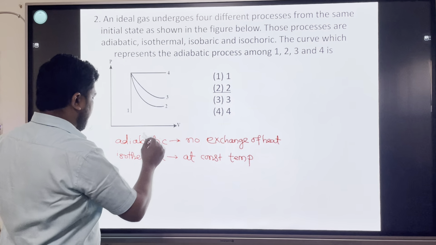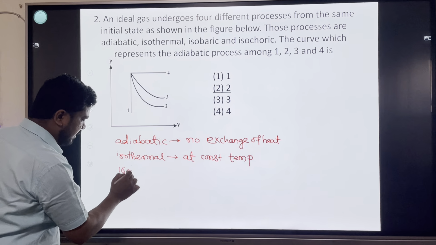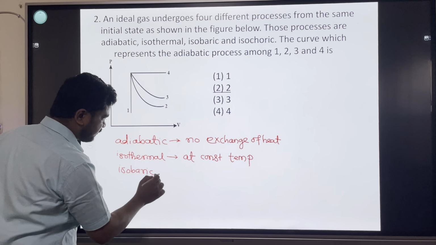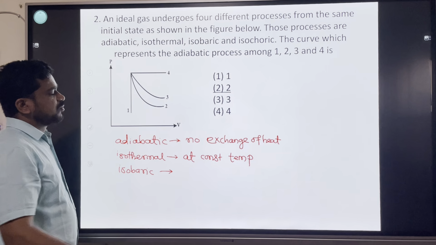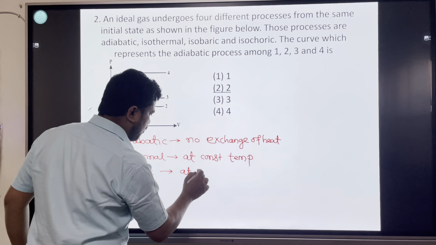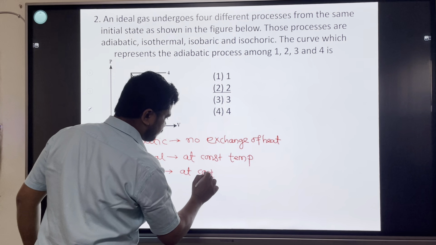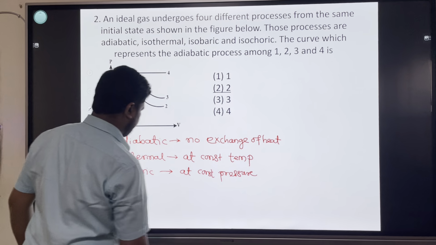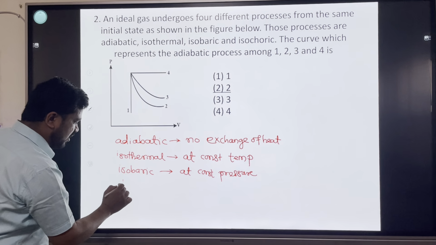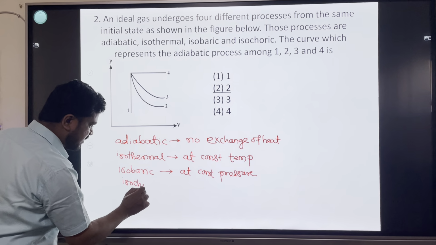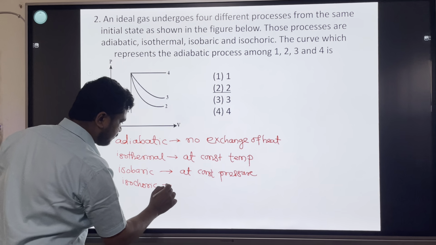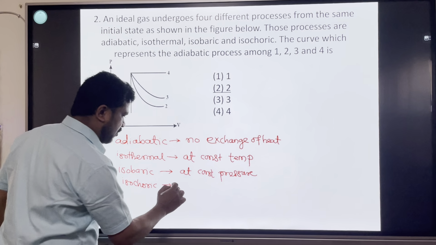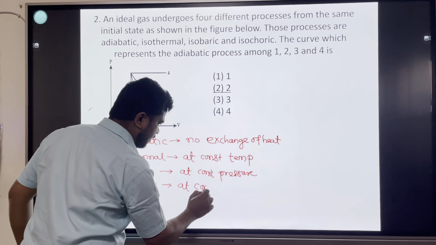Next one is isobaric process, the process which undergoes at constant pressure. And the last one is isochoric process, the process which undergoes at constant volume.